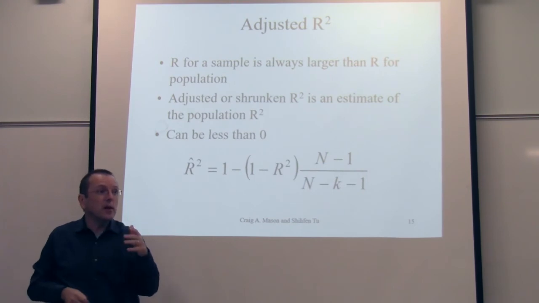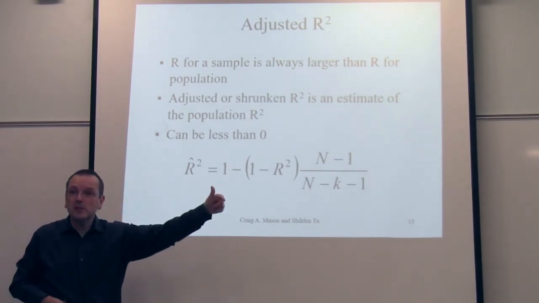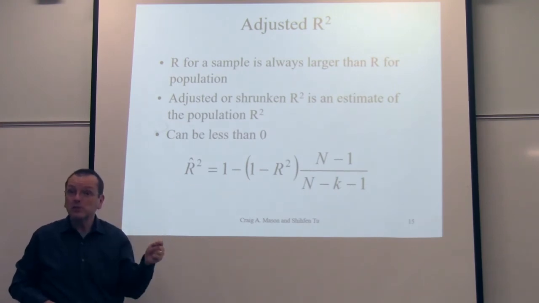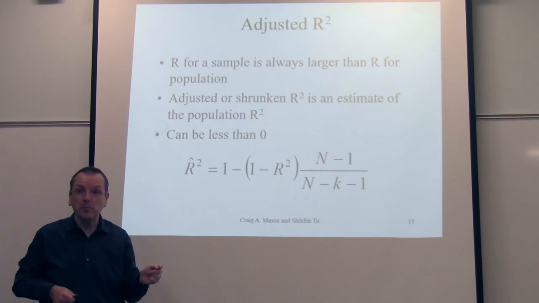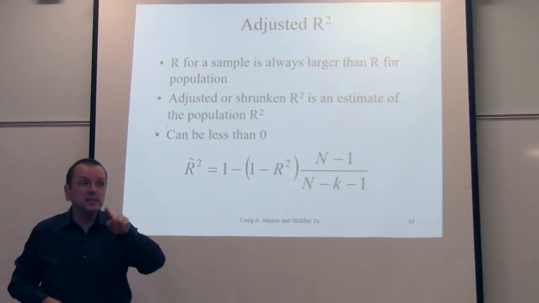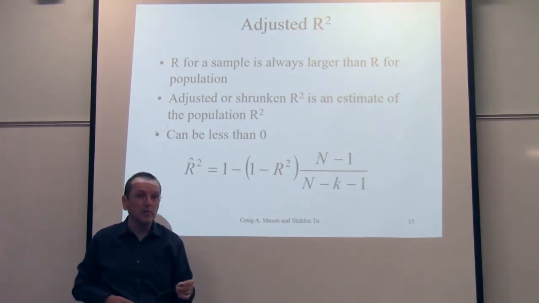Another way of thinking about it is, remember, as we noted, as we added variables into the regression model, your regression sum of squares can only go up. Well, it can stay the same or go up. It can never go down because even adding a completely useless predictor doesn't take away the amount of variance that the other variables already accounted for.